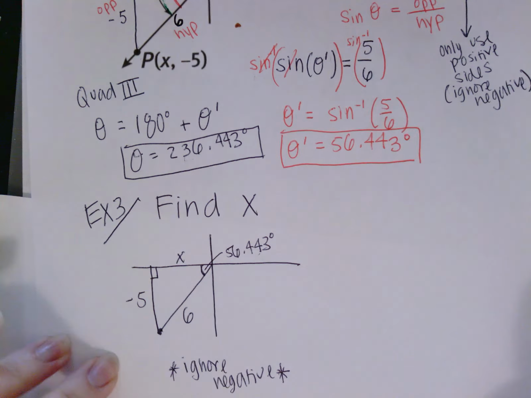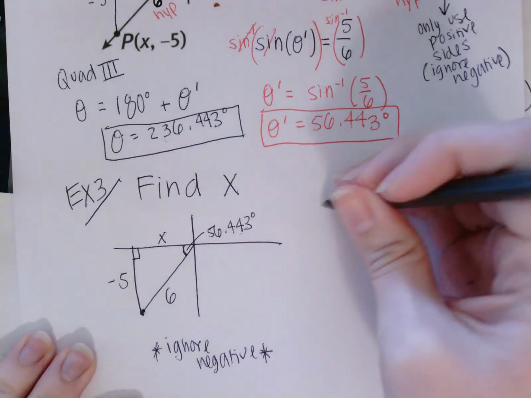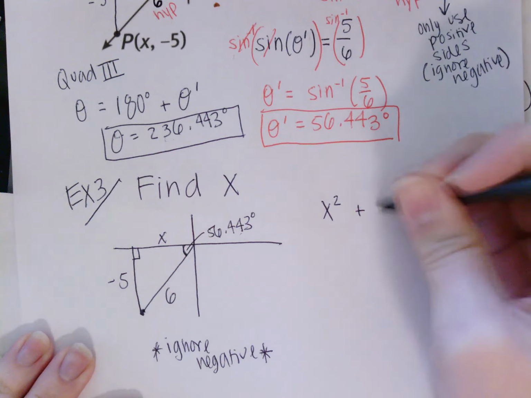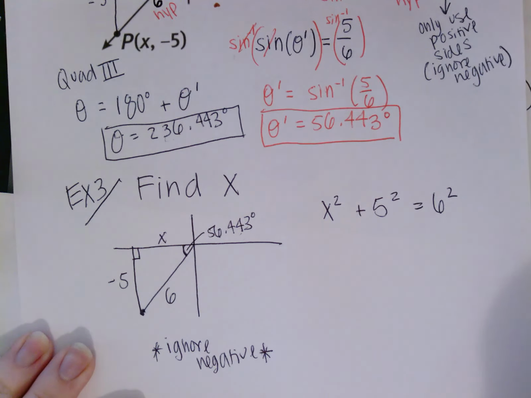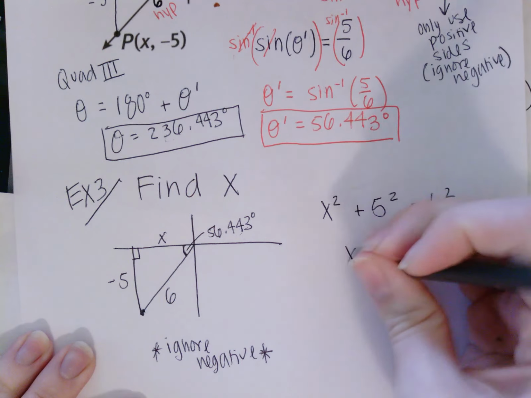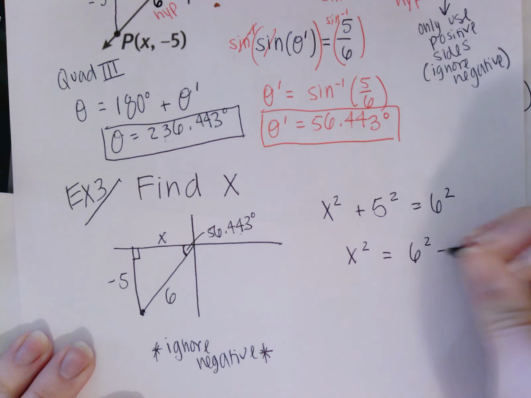Because when I square things, the negative squared and a positive squared are going to come out the same. So I know that x squared plus 5 squared equals 6 squared. Doing some subtraction, x squared is going to equal 6 squared minus 5 squared.